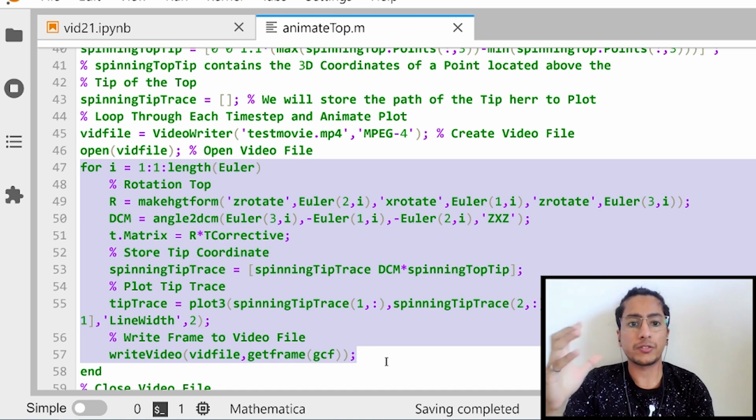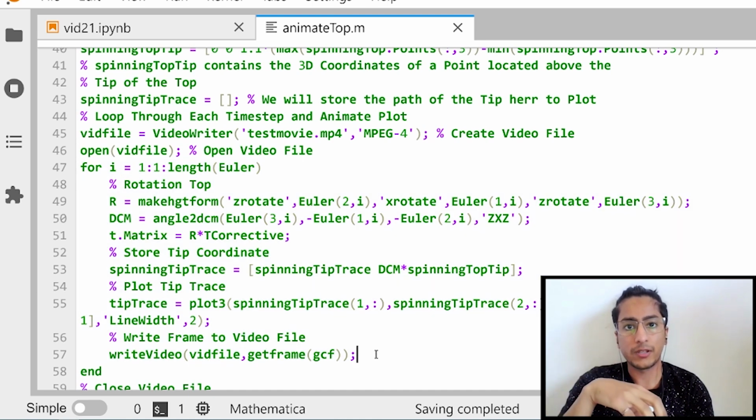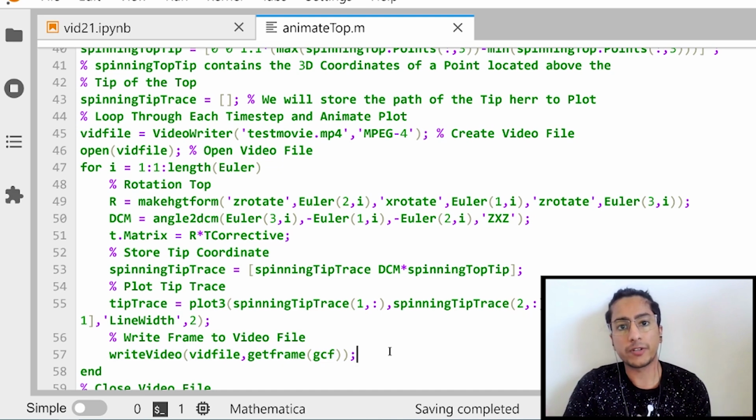Then we apply that to our untransformed spinning top. Through each iteration of the for loop, we're saving how the figure looks into a video file, so that at the end, you have all the frames saved into a video file that you can play back in any video player.